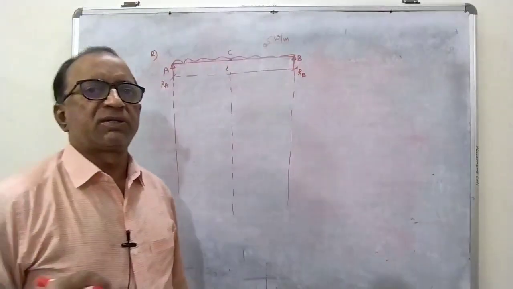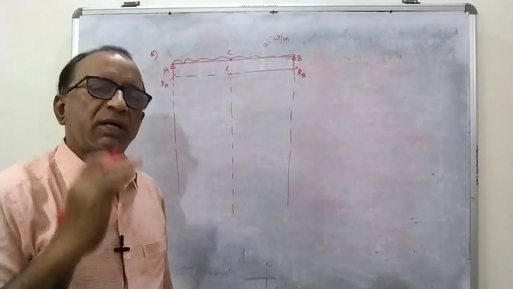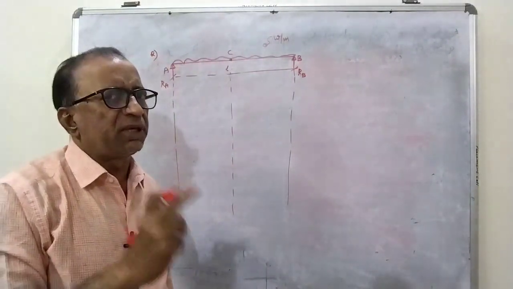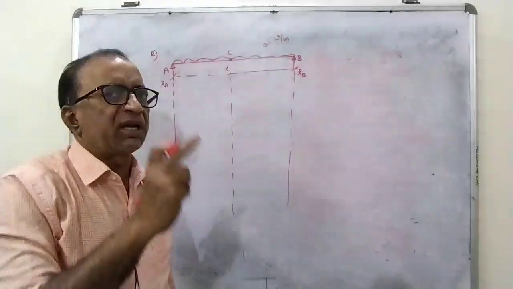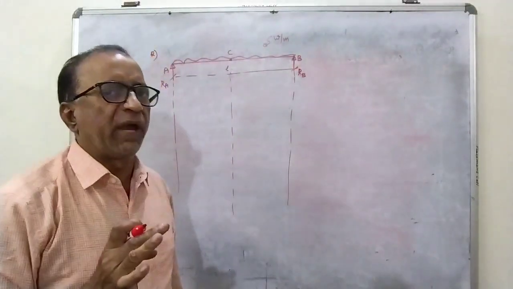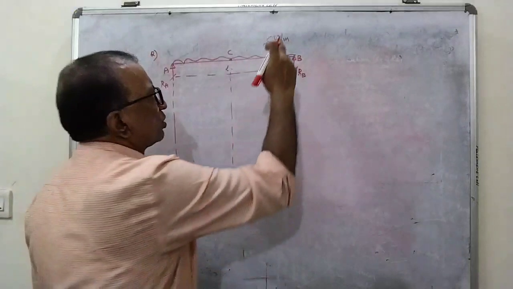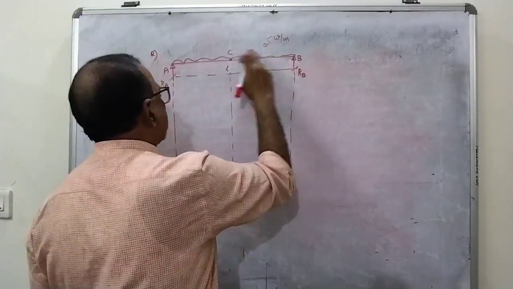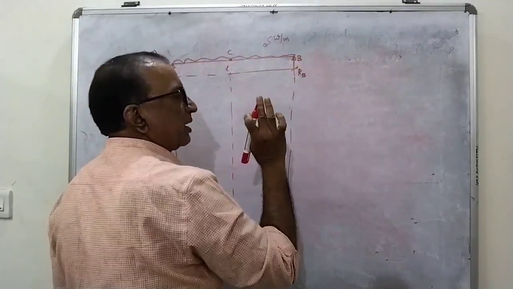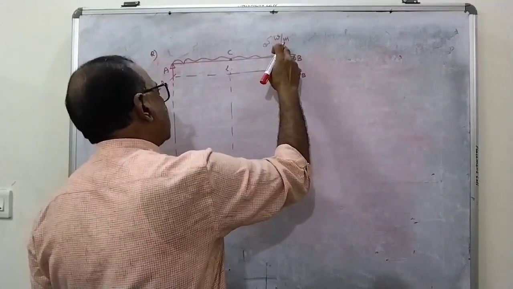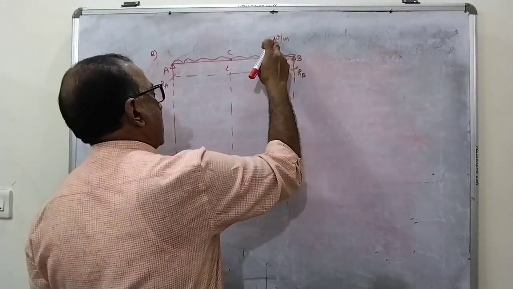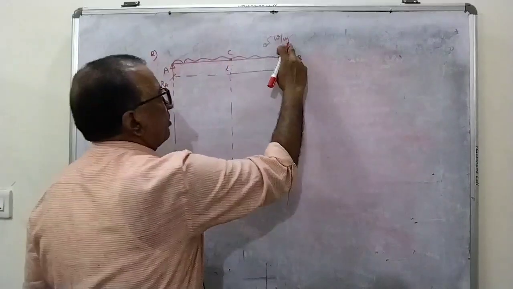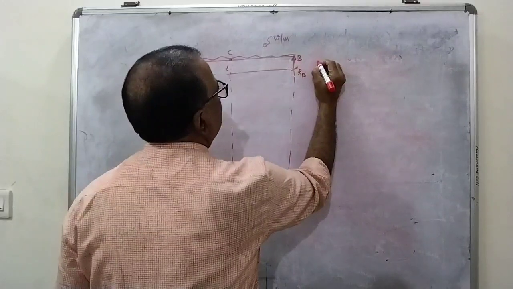In my previous lectures, I already told you, whenever you come across the UDL, please show the resultant of the UDL where it is acting. This is the UDL intensity, uniformly distributed load, which is common throughout the span, called UDL.